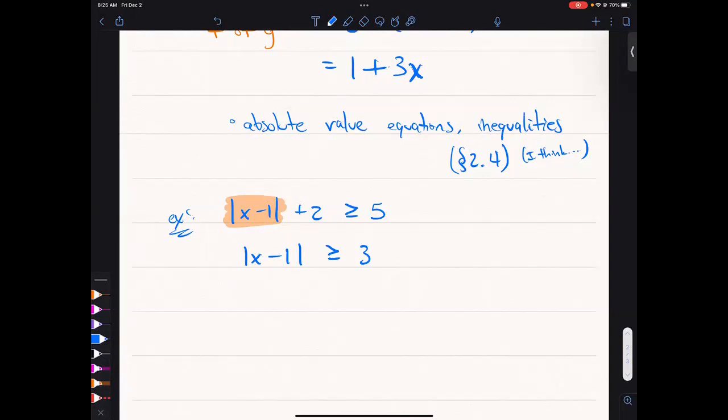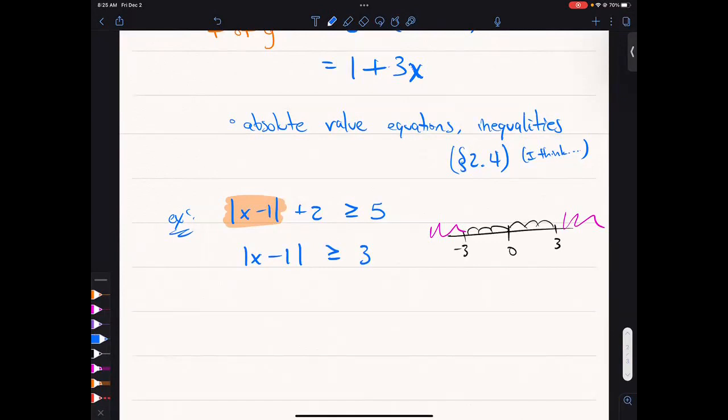So on a number line, what that looks like is there's 0, 1, 2, 3, 1, 2, 3. Basically, whatever this thing is, it's out here somewhere, right? It's 3 or further from 0, right?